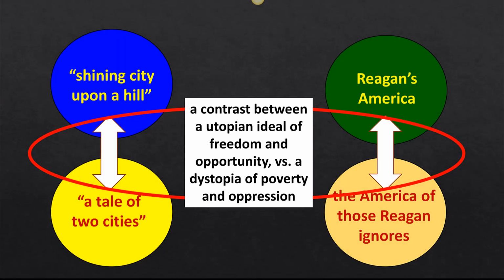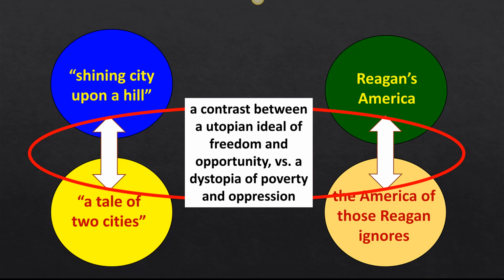So when Reagan's talking about a shining city upon a hill, he is forgetting about the other city. Because the America that Reagan's talking about, the America that is prosperous, that has economic strength, that is happy because they're experiencing freedom and all the things that go along with it, is not taking into account the other America, the impoverished America, the downtrodden and oppressed America.